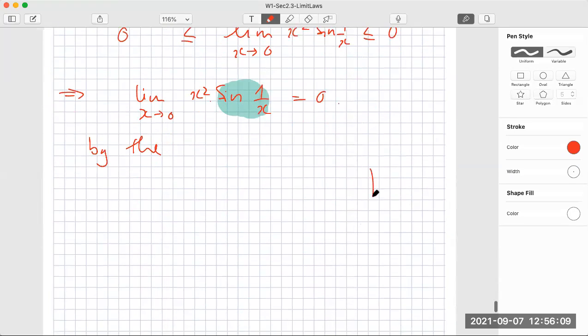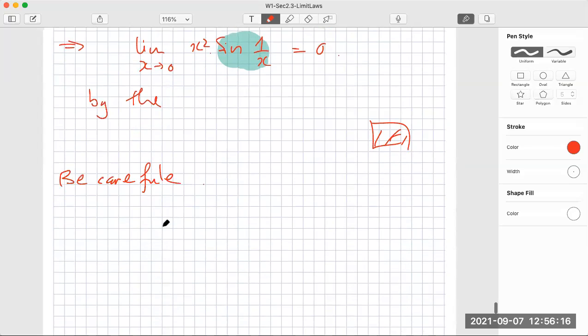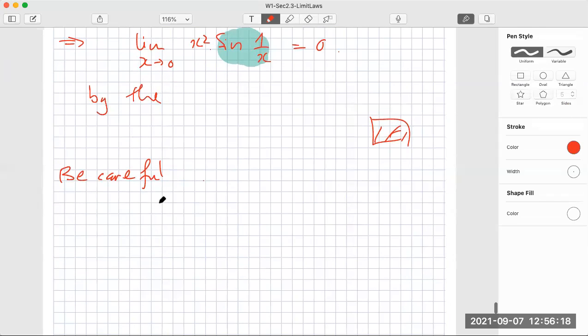Now, just be careful. We see that sine of 1 over x is smaller than 1 and larger than -1.